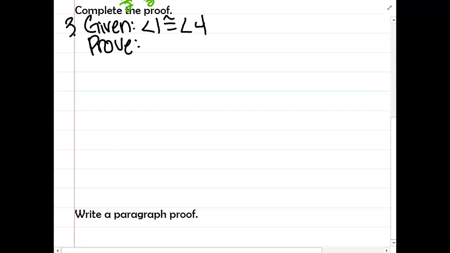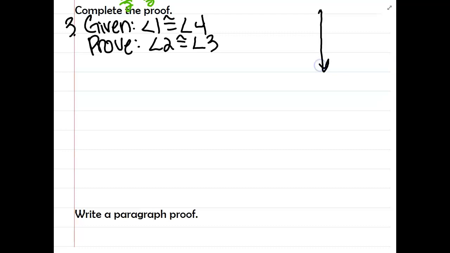I want to prove that angle 2 is congruent to angle 3. And then we're going to have a picture. So we have these intersecting lines, and then we'll number the angles going clockwise, 1, 2, 3, 4.